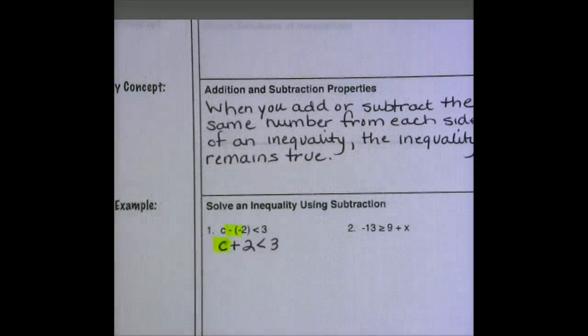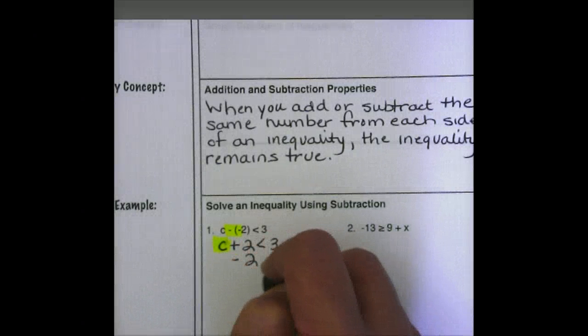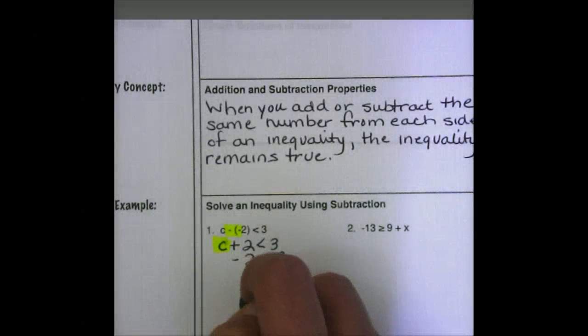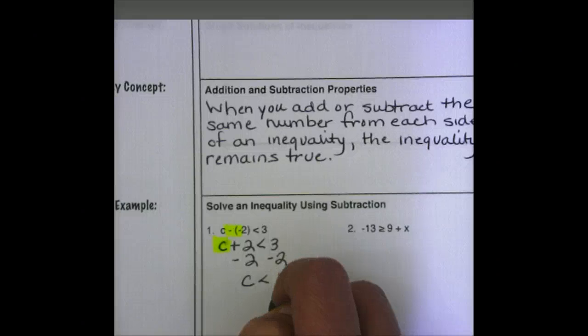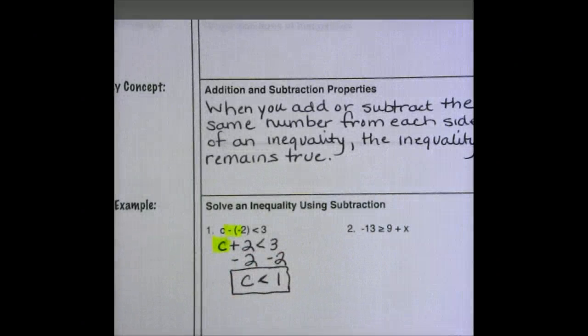Same thing that we do in equations, we do in inequalities. To isolate this variable, we have a positive 2, so we need to subtract 2 from both sides. When you subtract 2 from both sides, you get c is less than 1 as your solution. That means that any number less than 1 is a solution to the inequality. But not 1, because 1 is not less than 1. 1 is equal to 1.